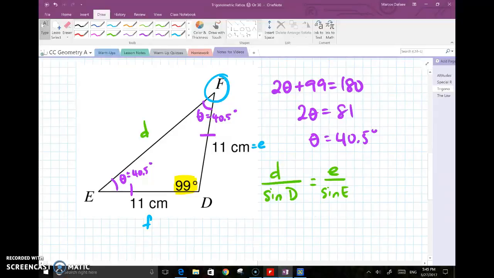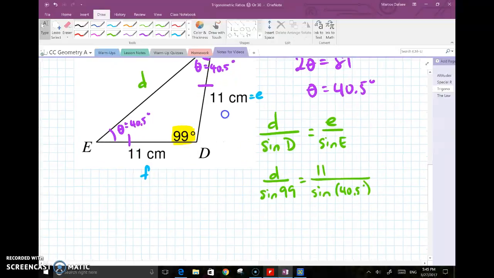So instead of sine of d, what I will have is the sine of 99 degrees. So this is now little d over the sine of 99. Instead of little e, what I have, as you can see over here, the value of that side is 11 centimeters. So this becomes 11. And the angle opposite of that is 40.5 degrees, as we figured out earlier. So the sine of 40.5 degrees.